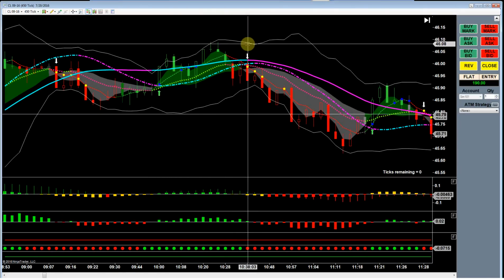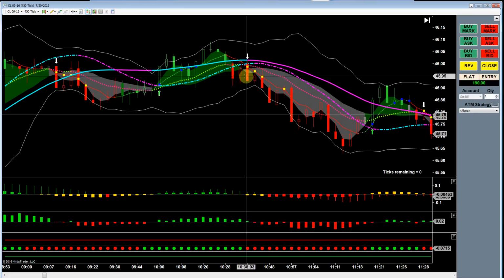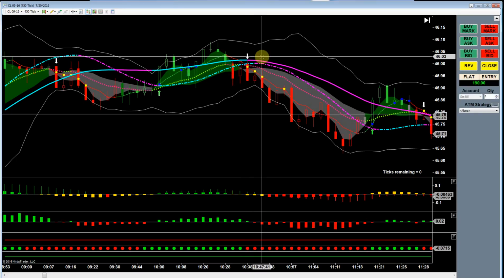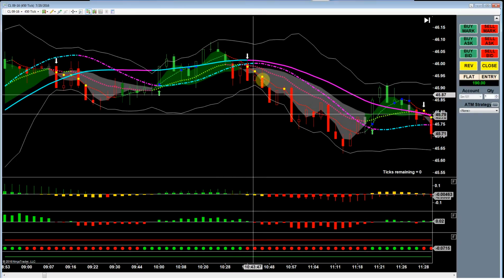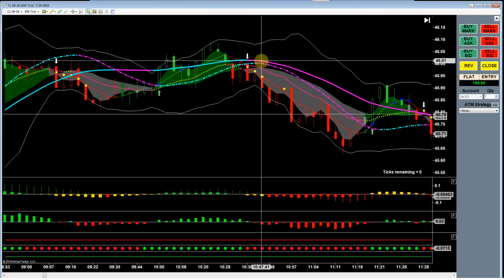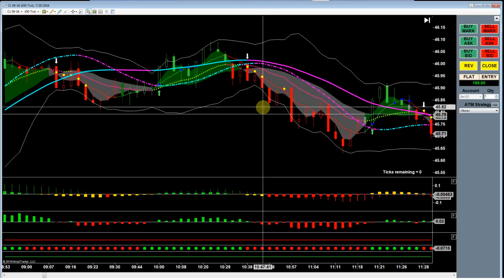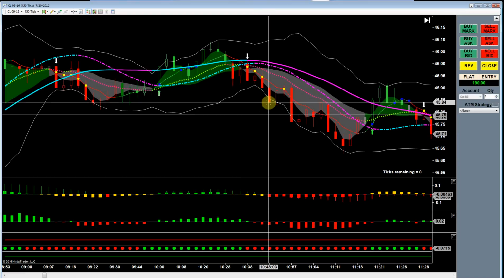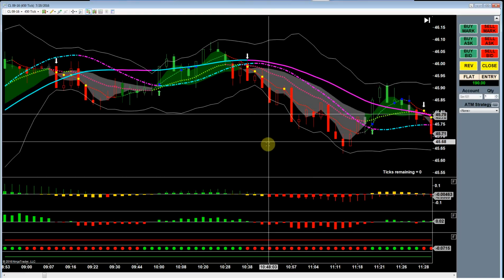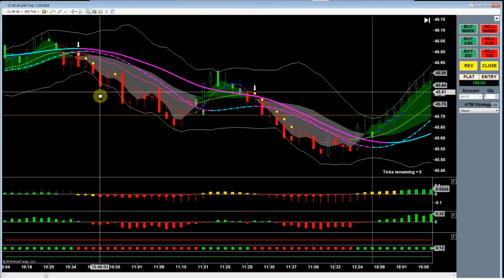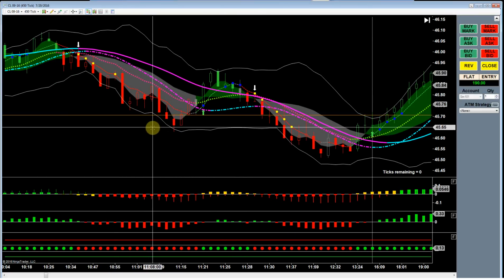Here's another trade where, again, you got a sell channel coming in. The dynamic trend bands match color. There's a pullback to the signal line with the trend bands matching color. And 45.95 drops down to 45.82 for 10 ticks with no pressure on the stop there. You see how that works? That's the basics of Boomerang.